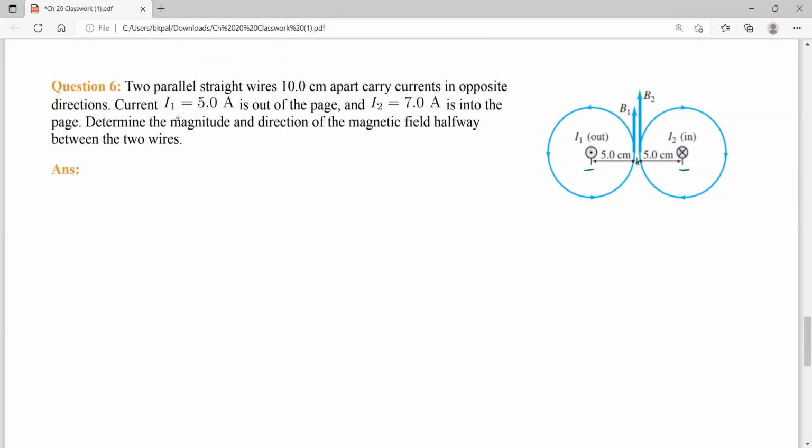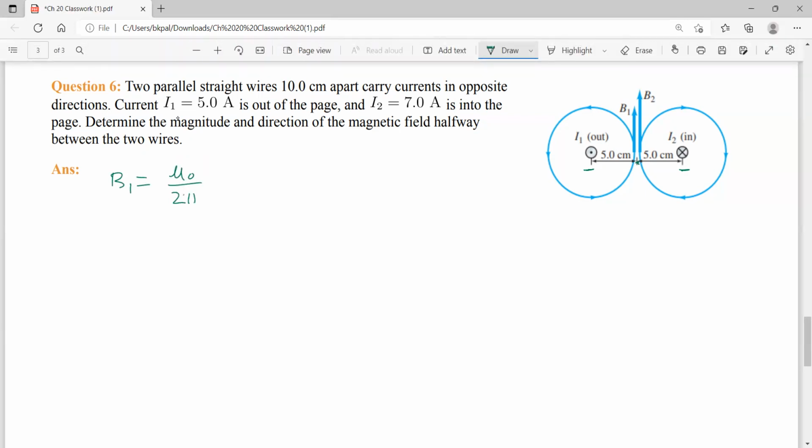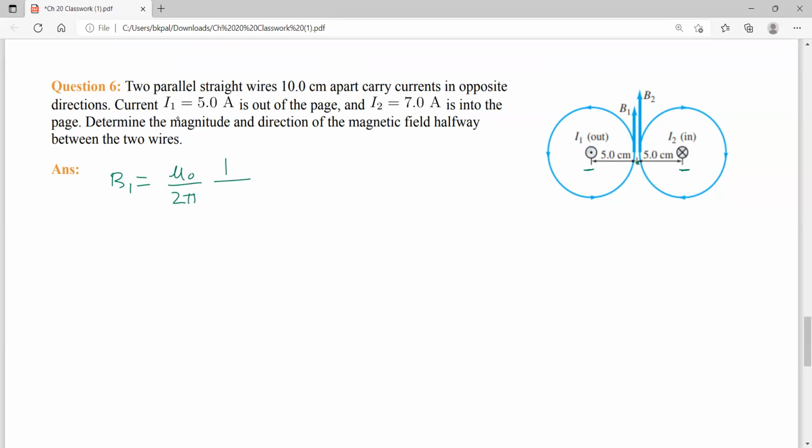All right, so let's first calculate B1, mu 0 over 2 pi, and that should be for I1 and R1.